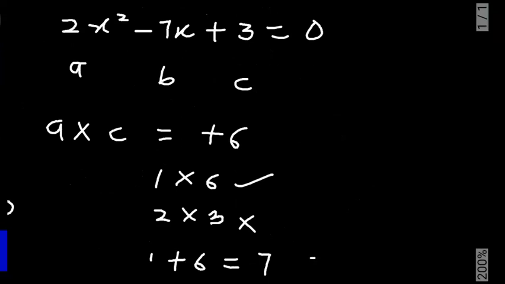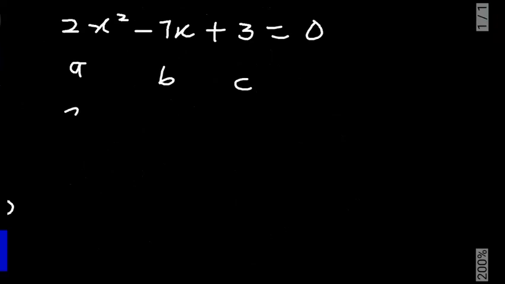Minus 1 minus 6 is minus 7. So we use minus 1 and minus 6. So we would have 2x squared minus 1x minus 6x, minus 1 minus 6x is minus 7x, okay, plus 3 equals 0.